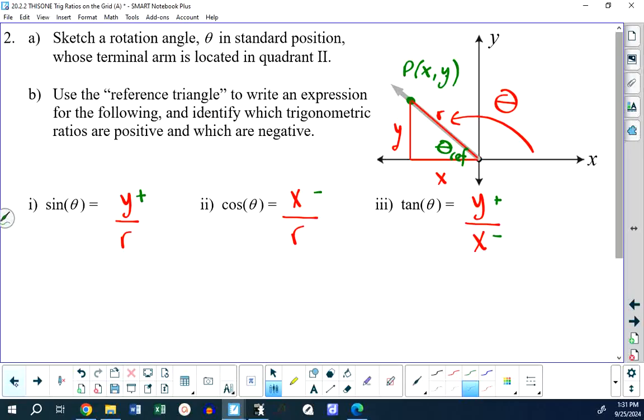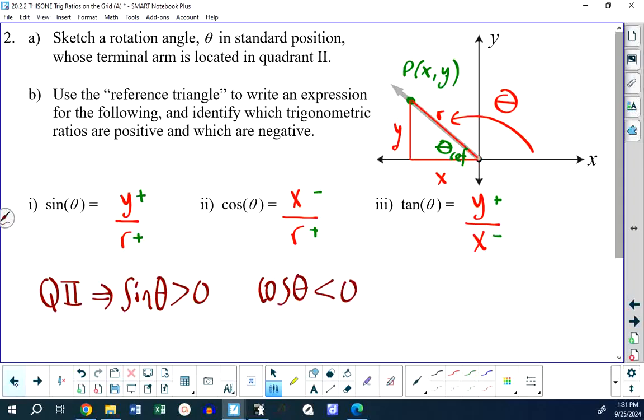R is always positive, which means in quadrant 2, sine of theta is positive, cos of theta is negative. Right? Negative divided by a positive gives negative. And tan of theta is negative. Positive over negative is negative.